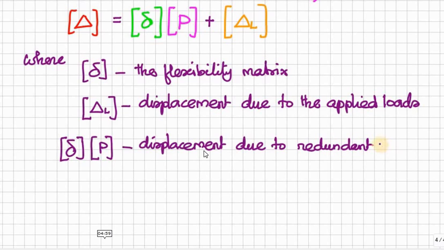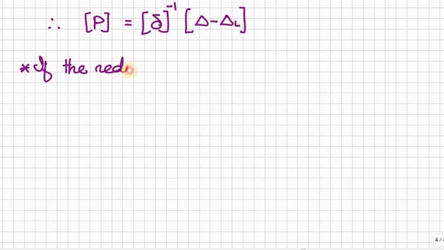So from this expression we can derive the value of P, the redundant force, that is P is equal to small delta inverse into capital delta minus capital delta L. If the redundant force is either a horizontal or vertical reaction, then the corresponding deflection is the flexibility coefficient.